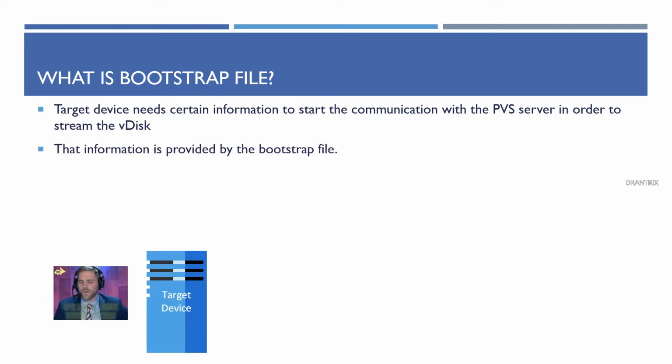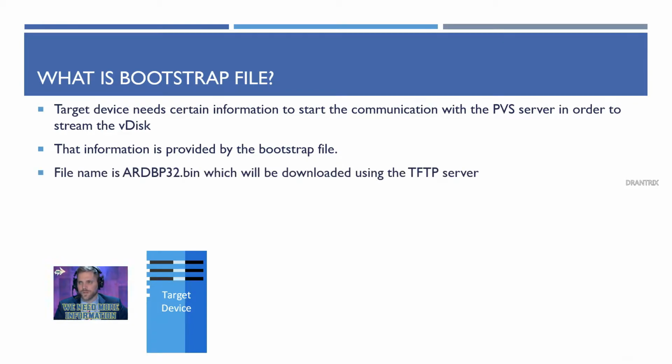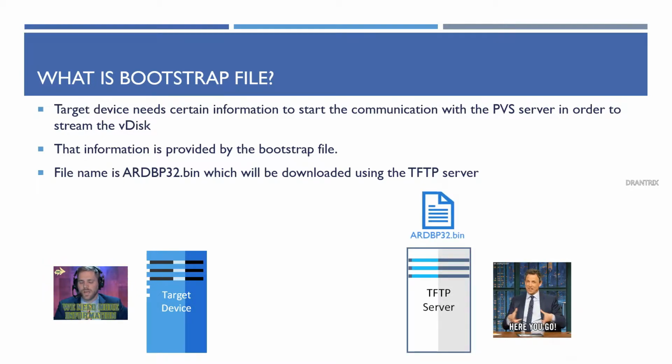That information is provided by the Bootstrap file, and the Bootstrap file name is ardbp32.bin, which will be downloaded using the TFTP server. Hope you guys understand what the Bootstrap file does and why it is important.